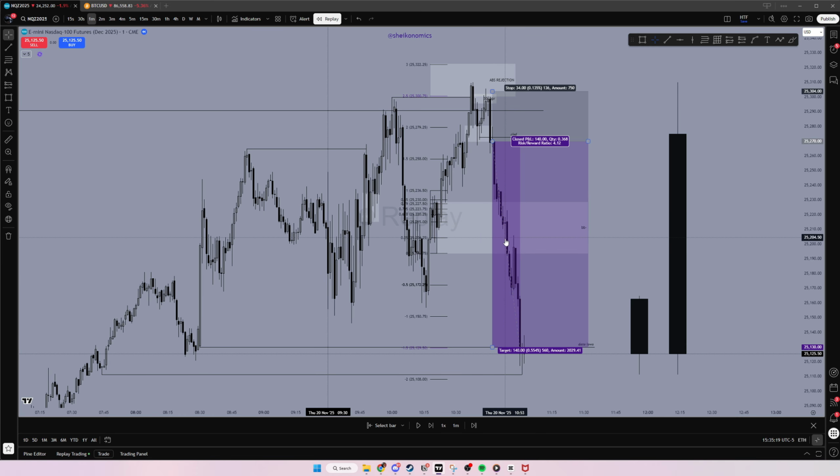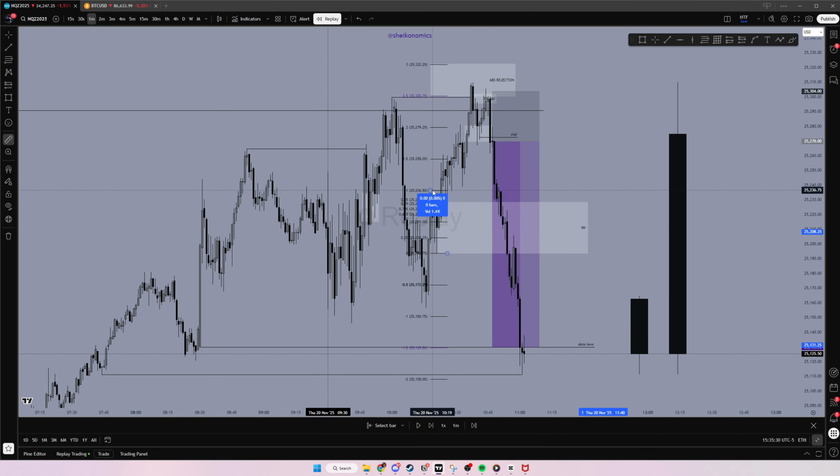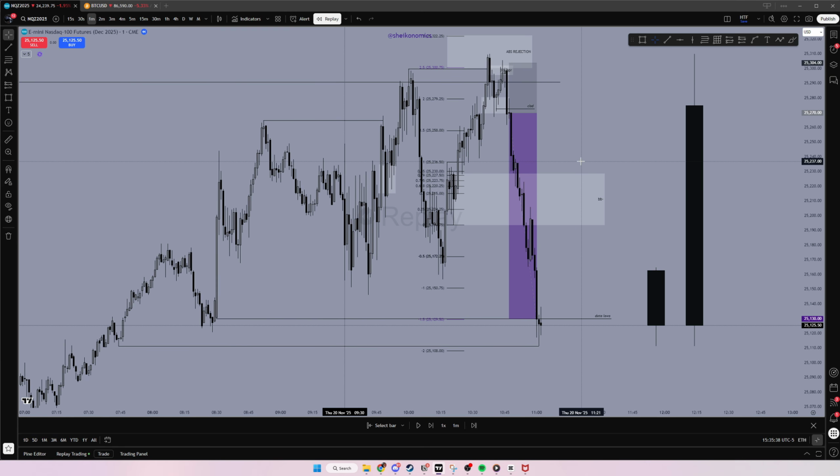You can see that once we validated this breaker with this candle right here, we ended up going back to it, respected it, and then that sponsored the rest of the trade. And that's the whole point of ABS, right? You're anticipating that this breaker is going to get validated, and then this is going to give support to your trade. So pretty smooth, pretty much zero drawdown trade, and a super strong target.